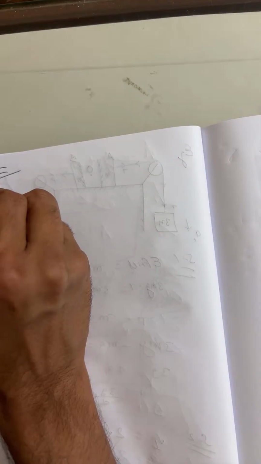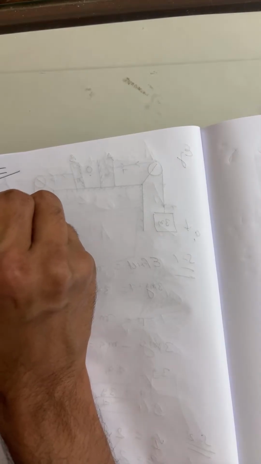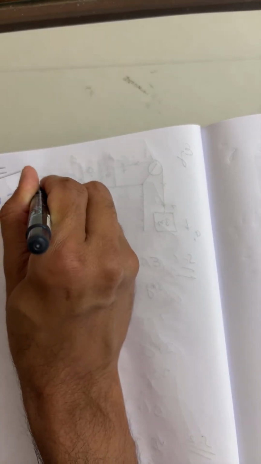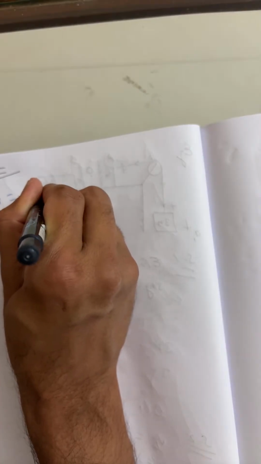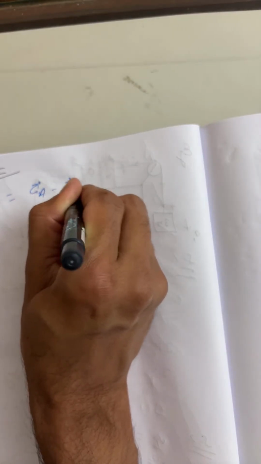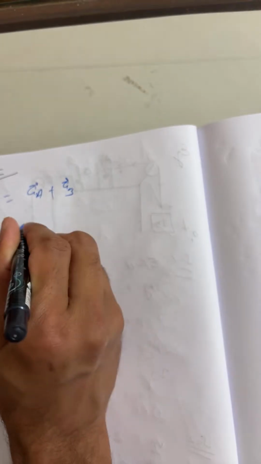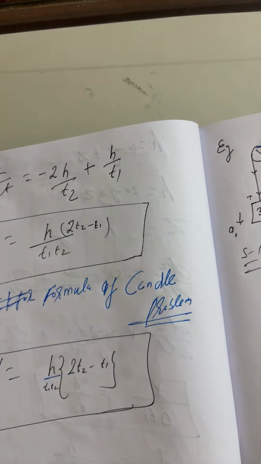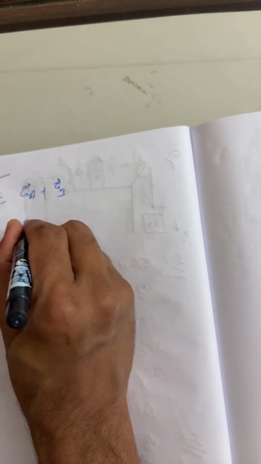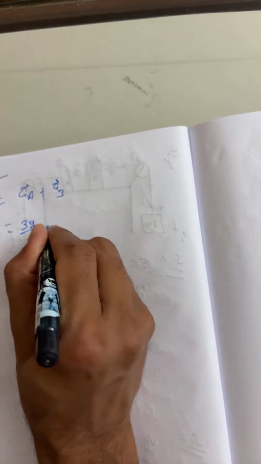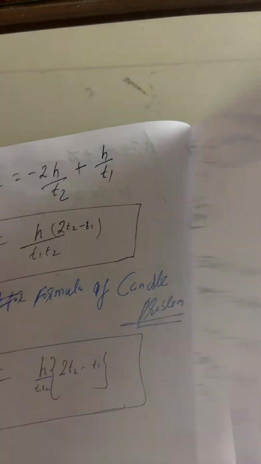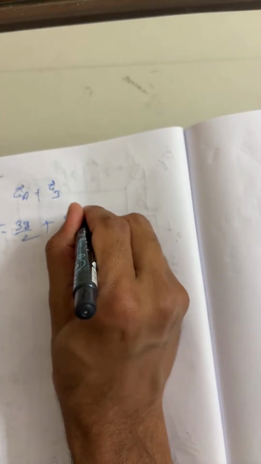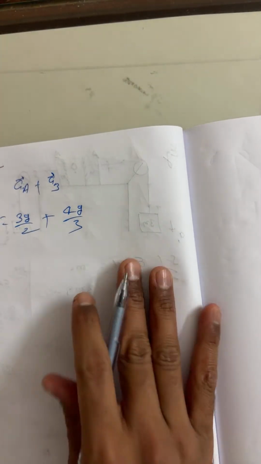Acceleration of image of block A with respect to B: acceleration of A minus acceleration of B. So we can write finally 3g by 2 plus 4g by 3.